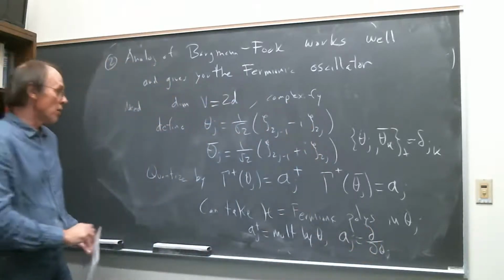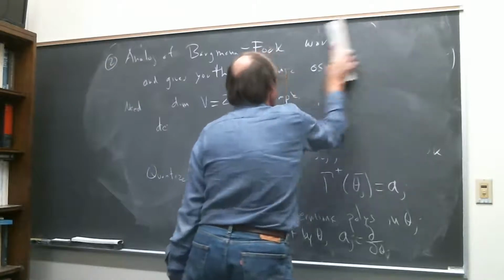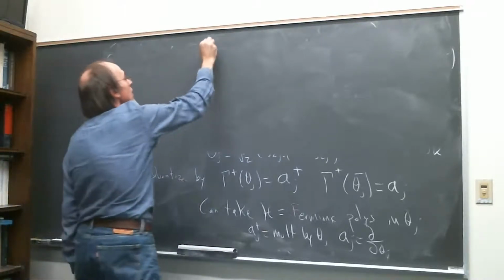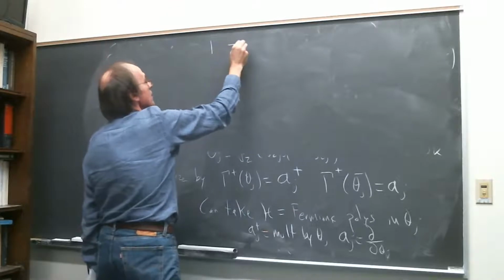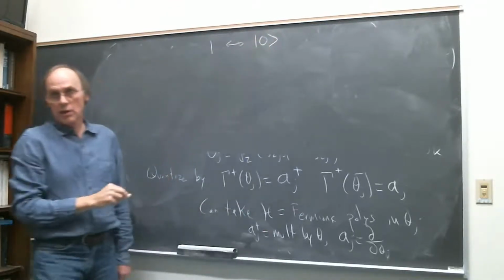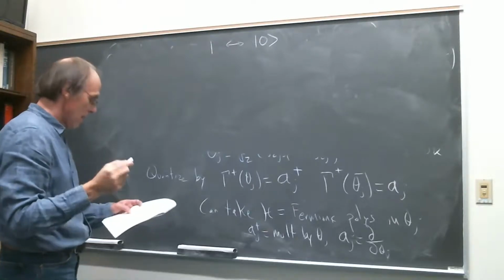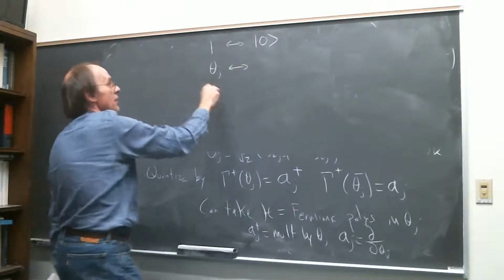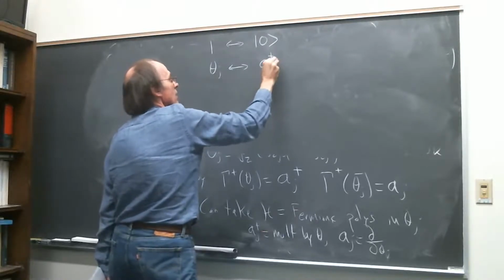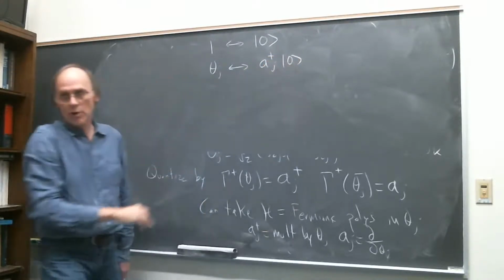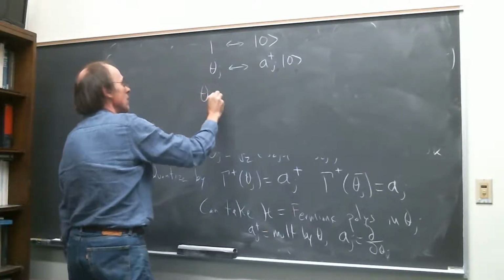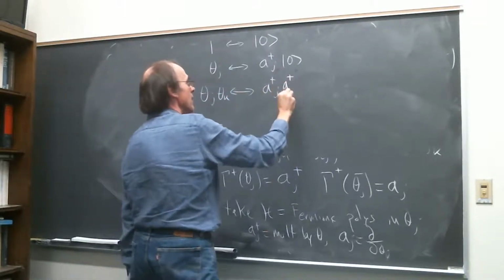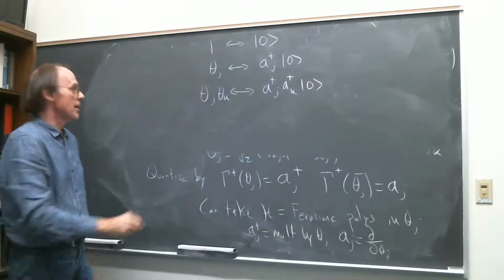Okay. And going back to the story of the fermionic oscillator, one corresponds to the ground state, and theta_j was the function you got by applying the fermionic creation operator there. And theta_j theta_k is what you got by applying two of them, and so on.